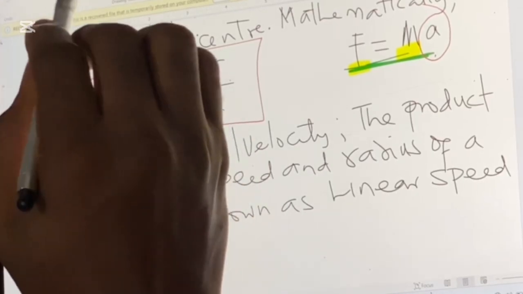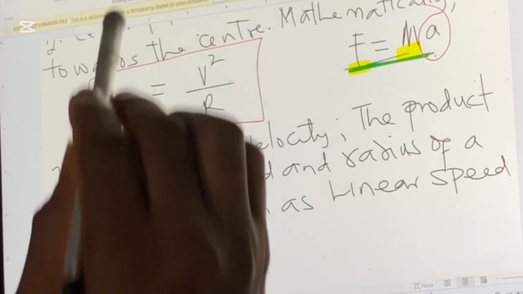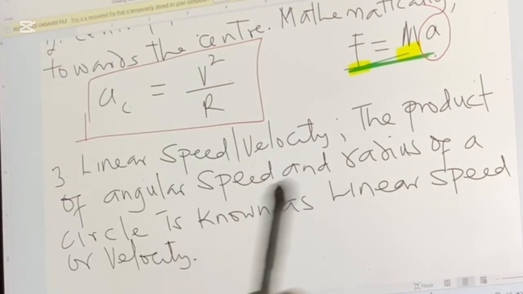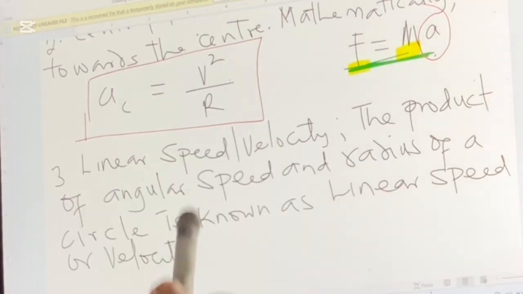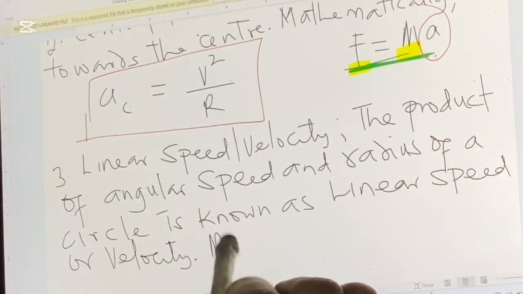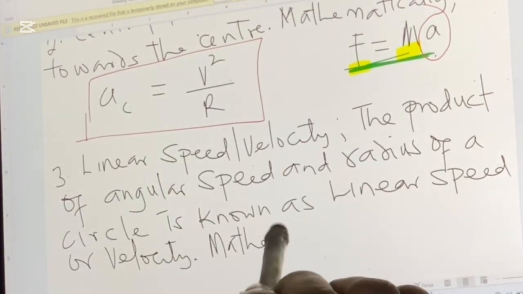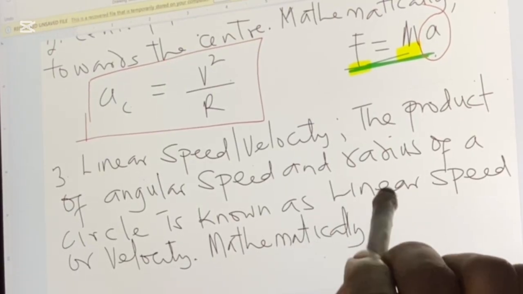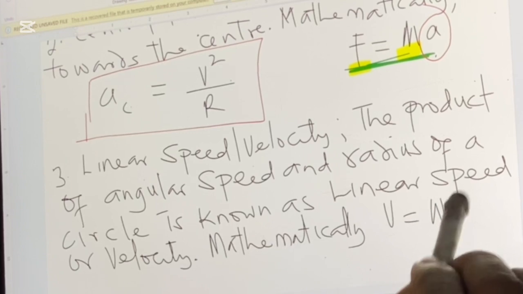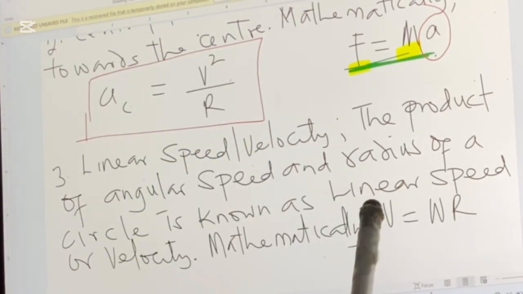So it means that, class, linear speed and linear velocity are the same. Please take note. So mathematically here, v will be equal to omega r. Okay.